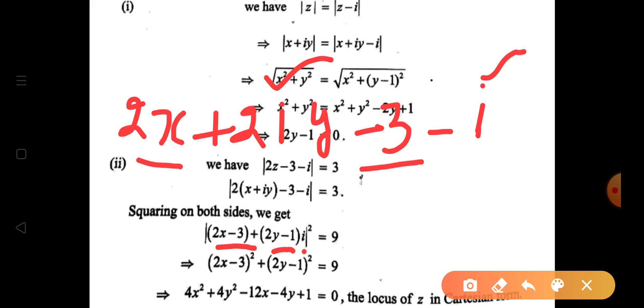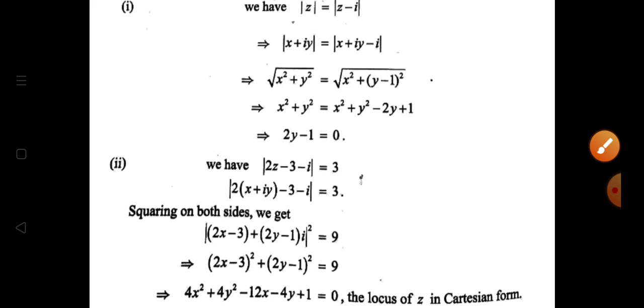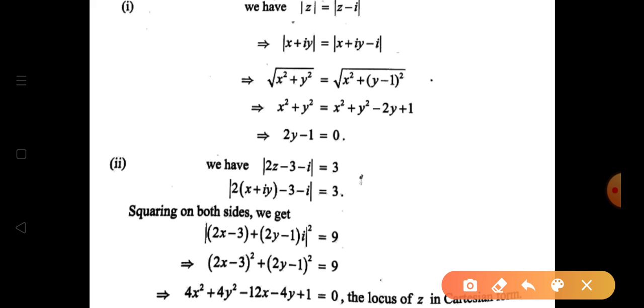Squaring, modulus we write the square, and on the right hand side 3 square, that is 9. How do you find the modulus value? Square root of real part square plus imaginary part square. But here we have modulus square, so the square root is cancelled. So we write 2x minus 3 whole square plus the imaginary part, 2y minus 1 whole square, equal to 9.